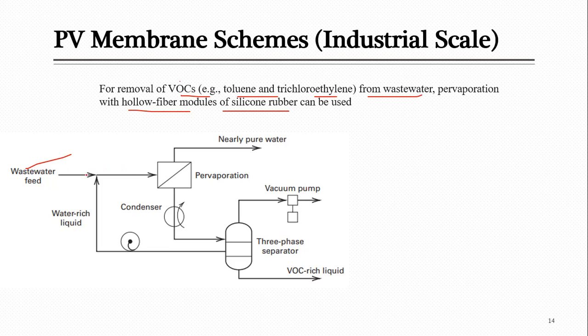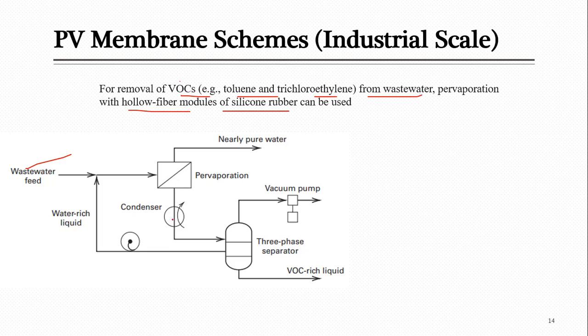Because here the water is in large quantity. We don't want water to pass through this membrane. Definitely we want all those components which are in small amounts to pass through this membrane. So through this silicon rubber membrane, those volatile organic chemicals pass through, and they just diffuse, or get permeated, to the other side of the membrane.